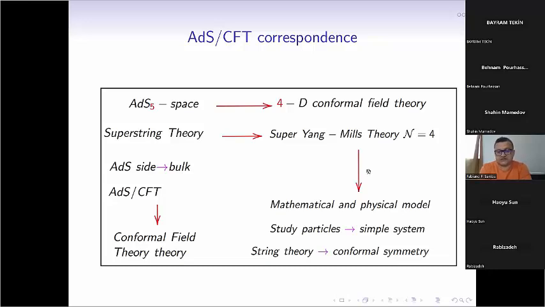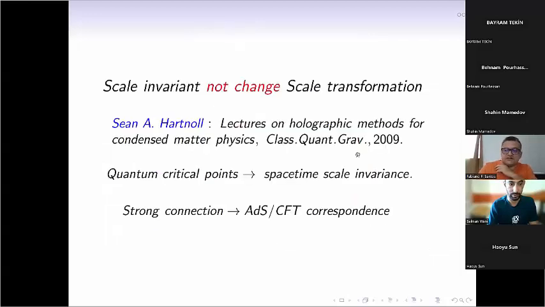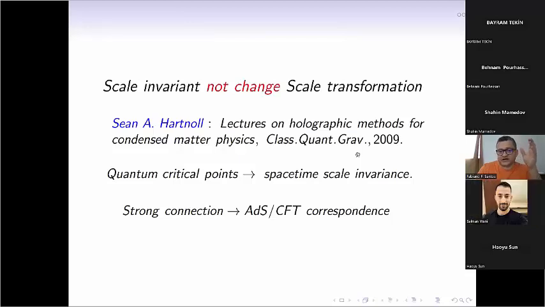But at first, this model was a theoretical and mathematical model. Since this proposal, from the overview point of a theoretical model, many people try to apply this in systems like condensed matter, where the motivation is due to the fact that quantum critical points have scale and space-time scale invariance.